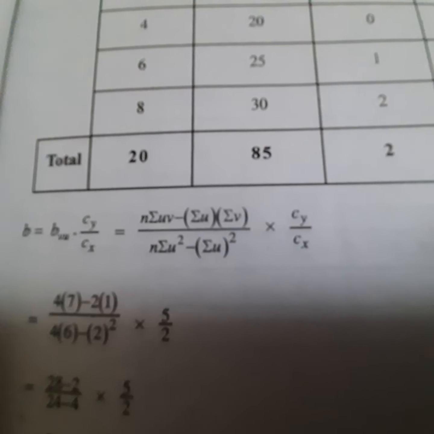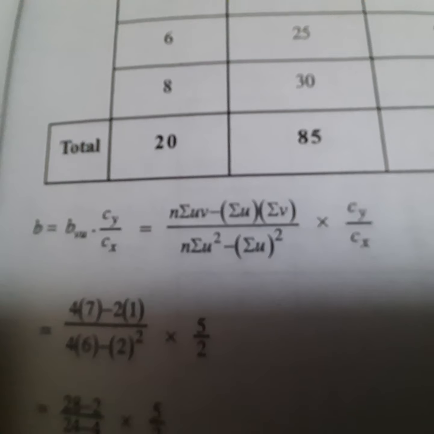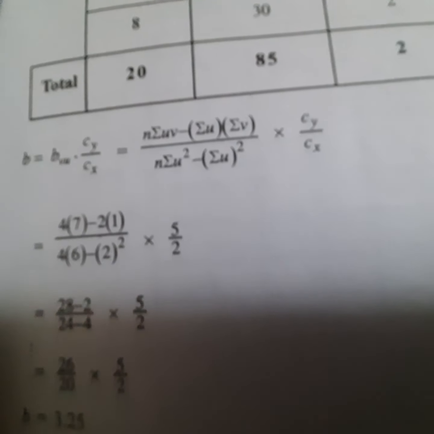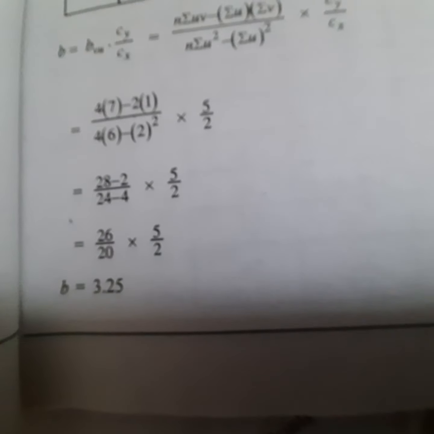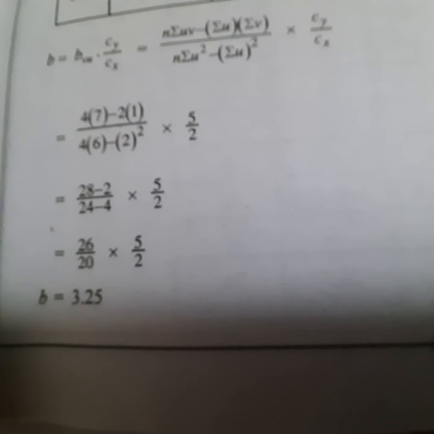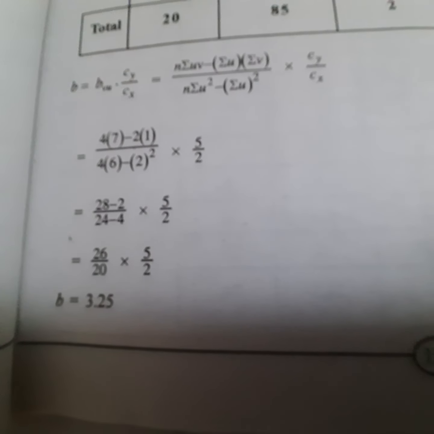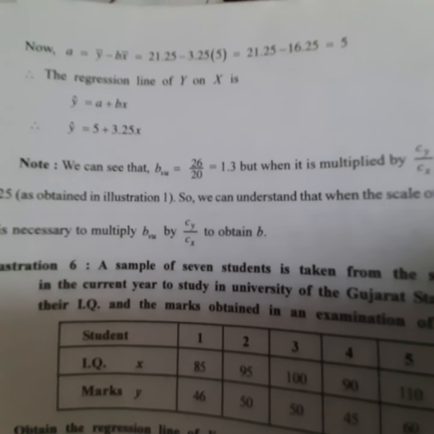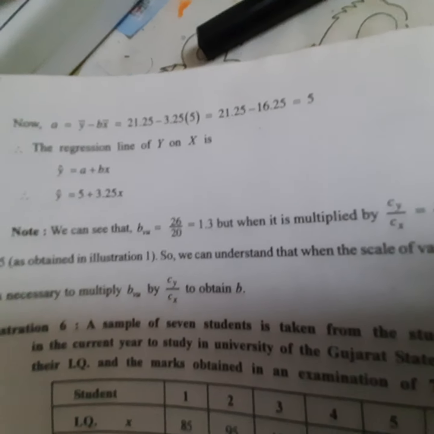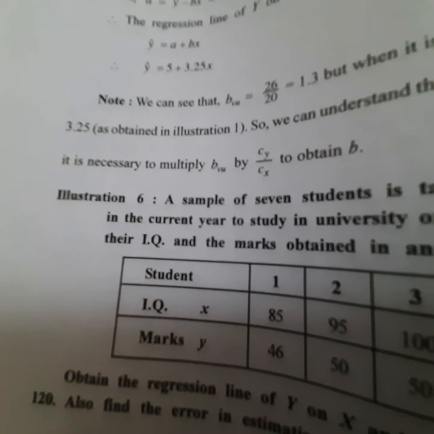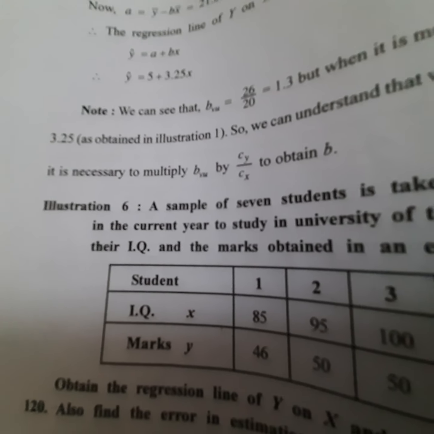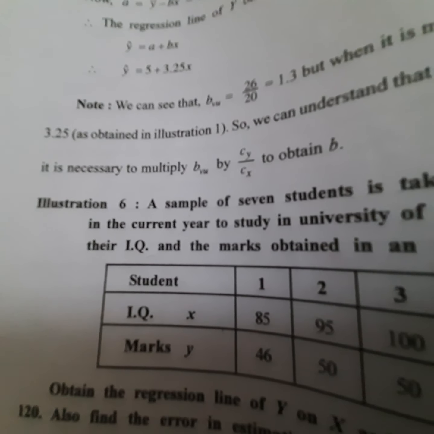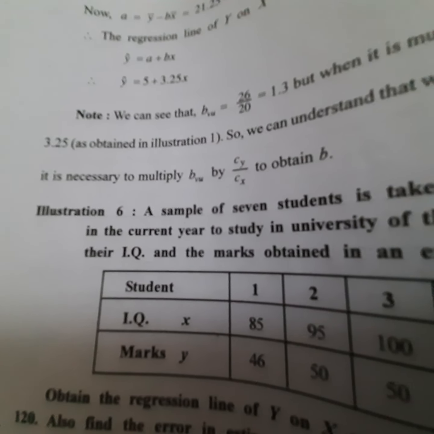See the formula. Then b is given as 3.25. Further you proceed and you will get the answer there. So this is how we proceed on this particular type of sums. When you are using the shortcut method, please take care how to do it.